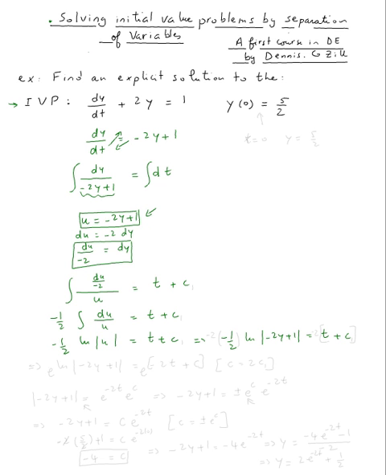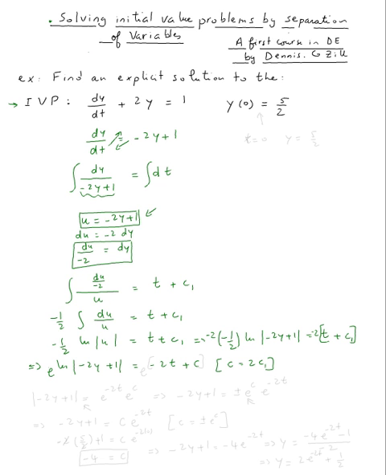Alright, now let's get rid of the negative 1/2. How do we get rid of that? We multiply the left side by negative 2, and the right side by negative 2. If we do that, we get ln of absolute value of negative 2y plus 1 equals negative 2t minus 2c. Let's call this c1, so it's plus c, where c is minus 2c1. Now we take e of both sides.